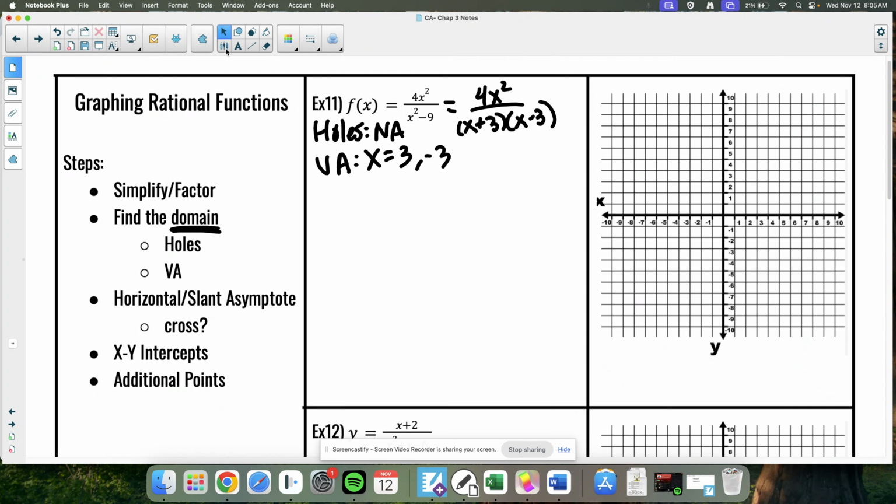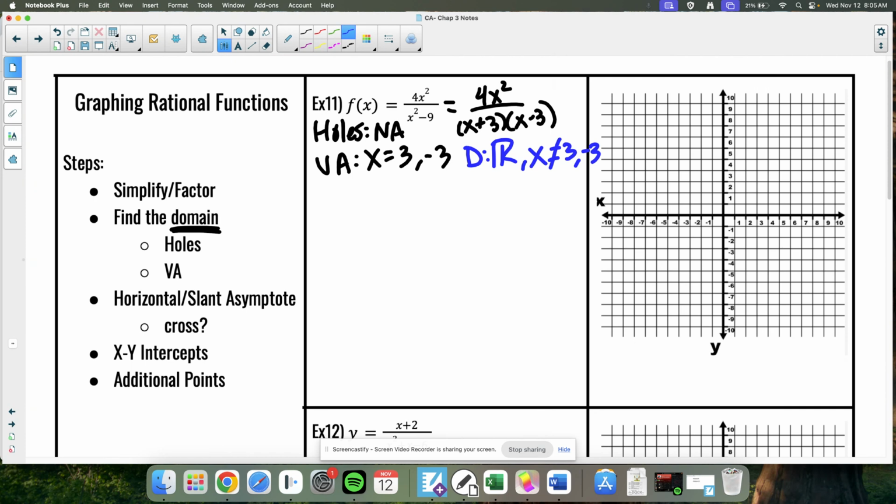So domain-wise, that means our domain would be all real numbers except x cannot equal what two numbers? Plus and minus 3. So just know, if you're being asked to find the domain, it's really just saying, are there any holes, are there any vertical asymptotes? Because those are the two things that wouldn't exist on your graph.